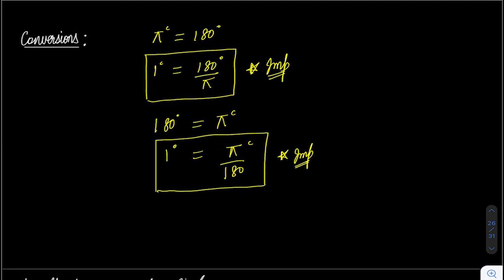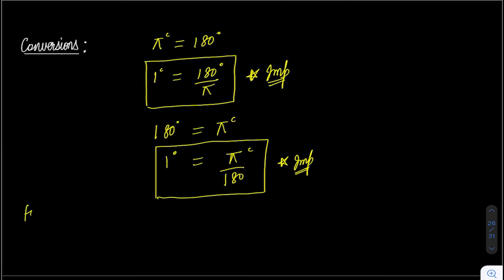Let's take one example. We have to convert 45 degrees to radians. We know 1 degree is equal to pi over 180 radians.